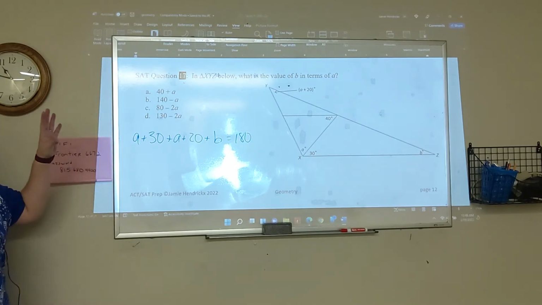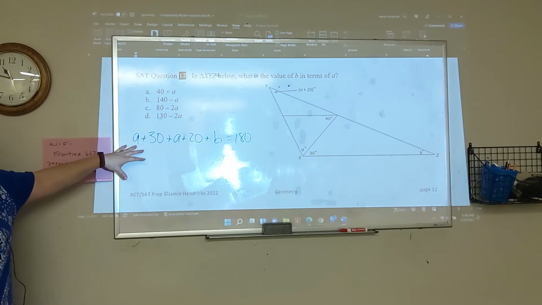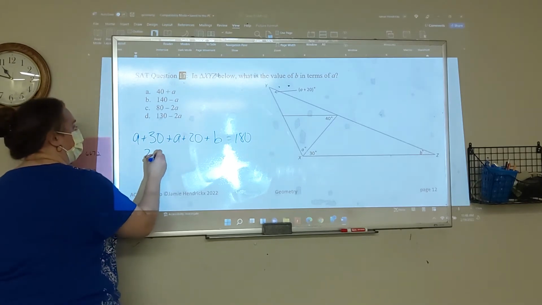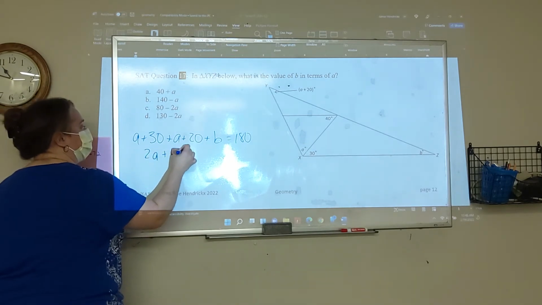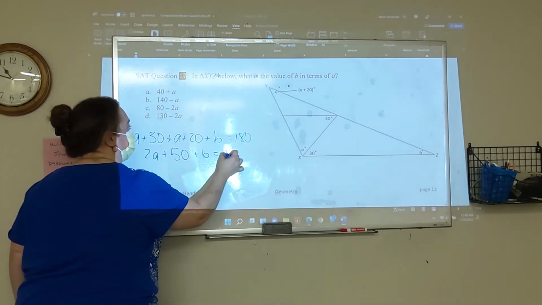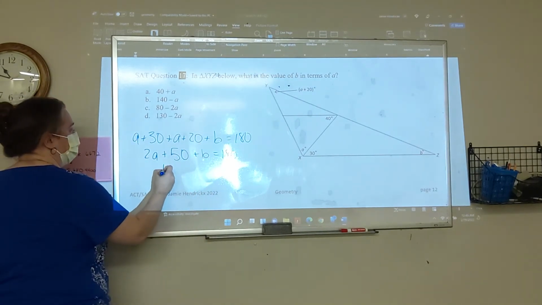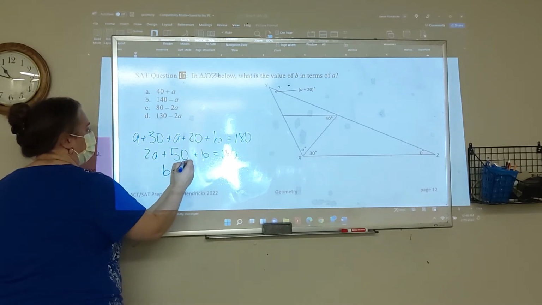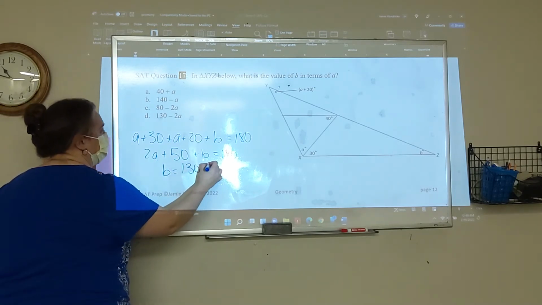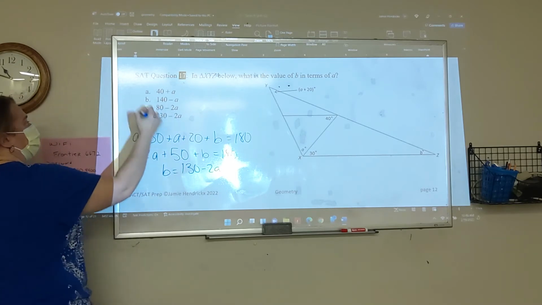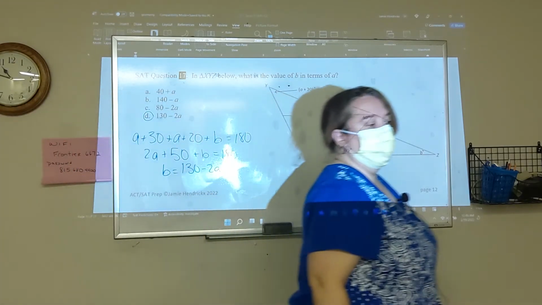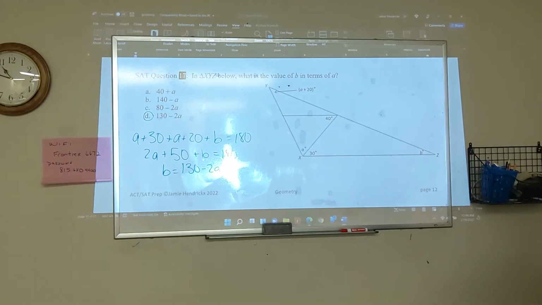And all they want is angle B in terms of A. So all I have to do is solve this for B. I've got 2A plus 50 plus B equals 180. I'm just going to isolate B. So I'm going to move the 2A and the 50 to the other side. So B equals 180 minus 50 is 130. And then I'm going to subtract 2A. So 130 minus 2A, D. Okay. Always look for the shape that you know the most about.